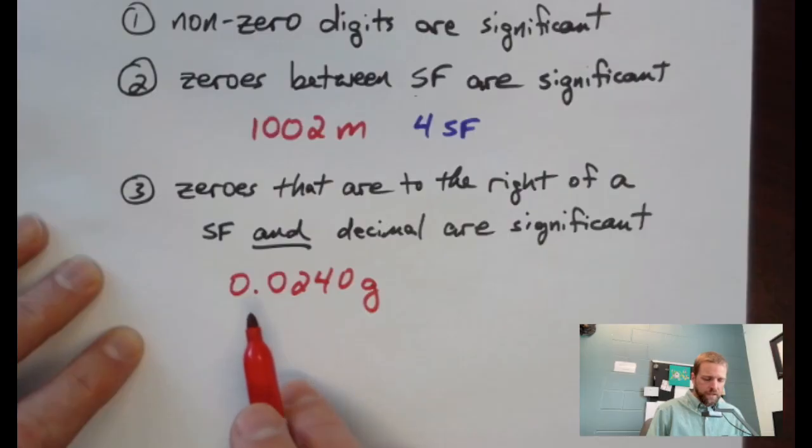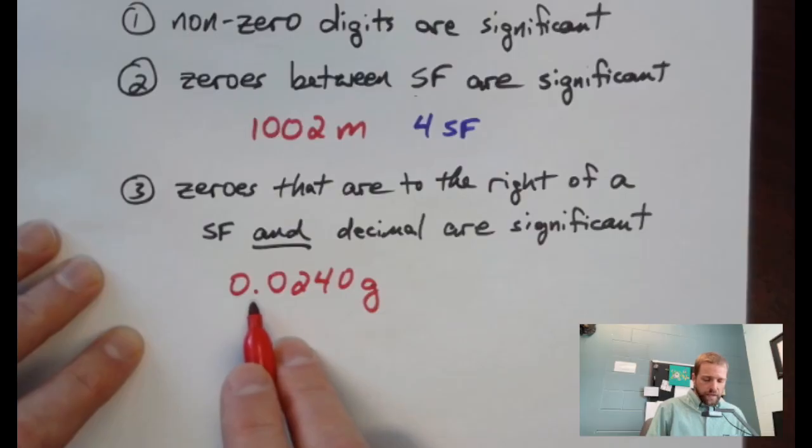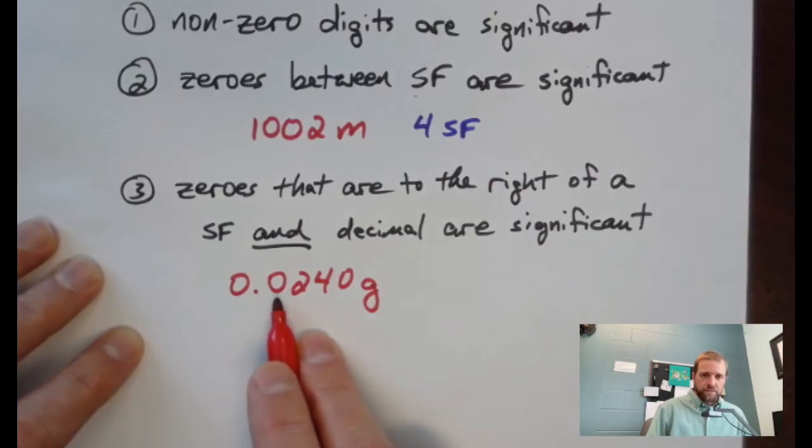Okay? So there is a 0 to the left of the decimal. That one is not significant. I have a 0 that is to the right of the decimal. This 0 is to the right of the decimal, but it is not to the right of any significant figures.